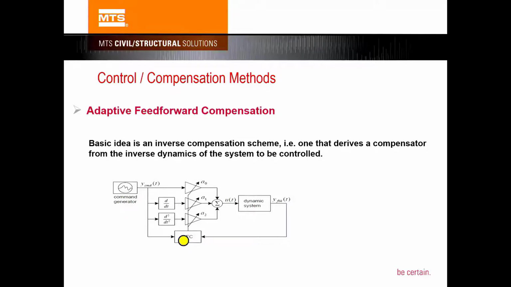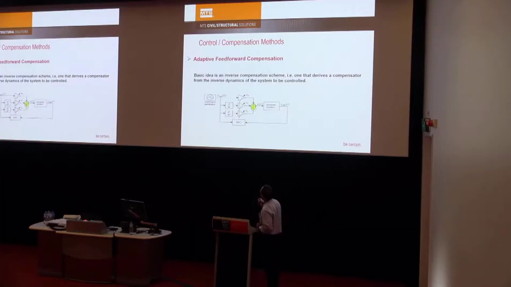So in this case, the hybrid test will be stable and accurate, because you have this delay compensator to make sure the delay and the roll-off error are not much.